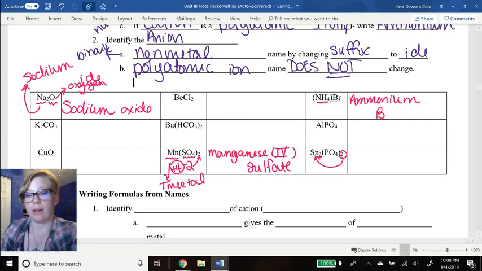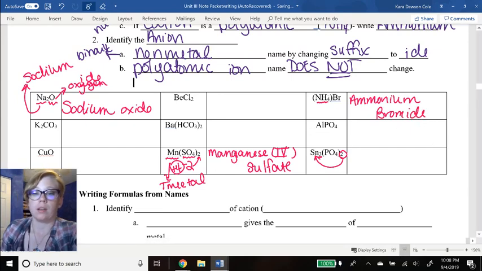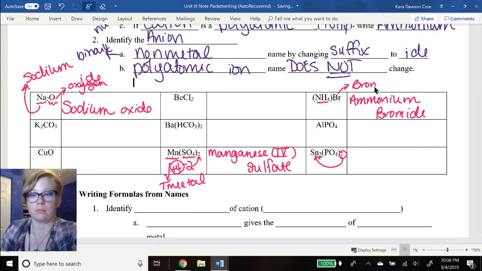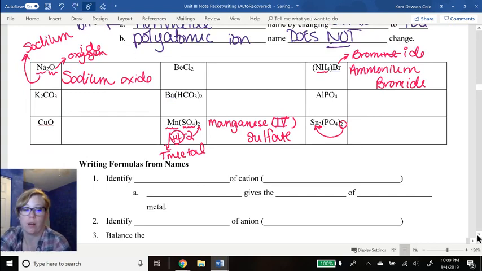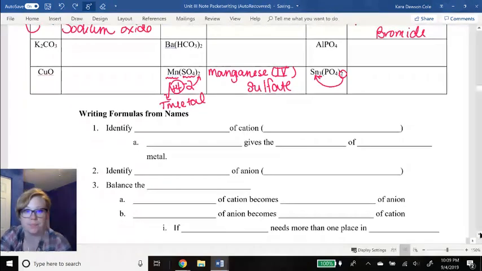And it's bromide, or bromine. This guy's bromine, which goes to bromide. So you can practice with the other compounds that are there. I've left the rest of those blank.